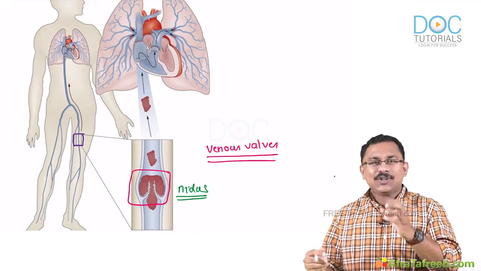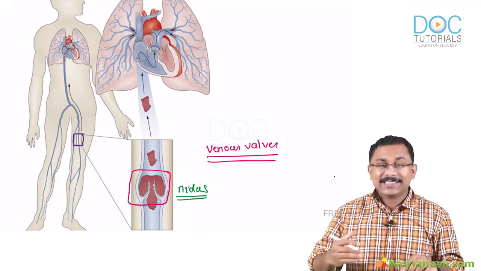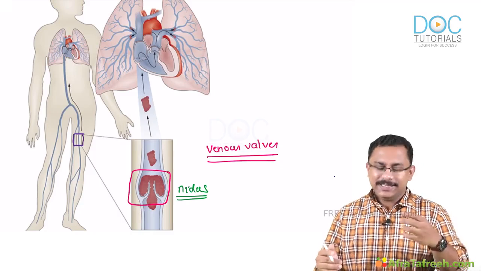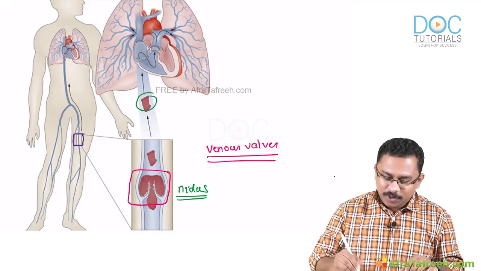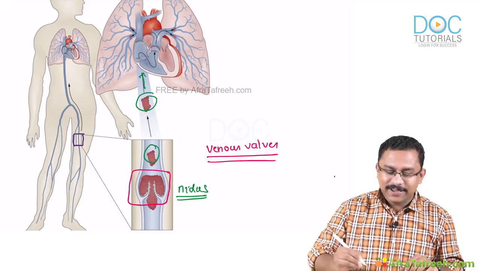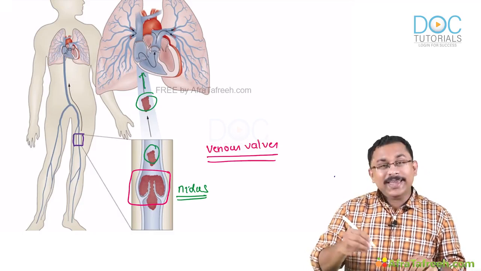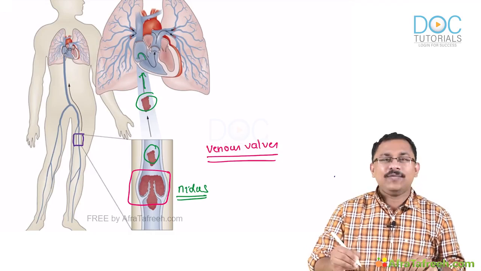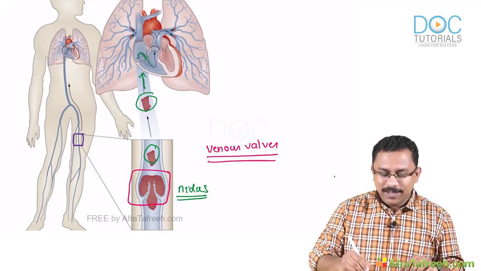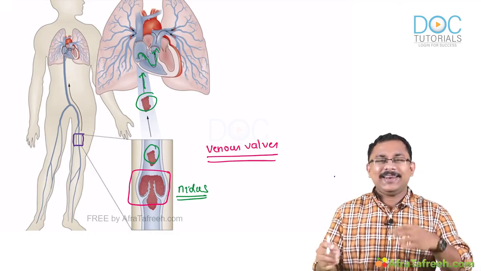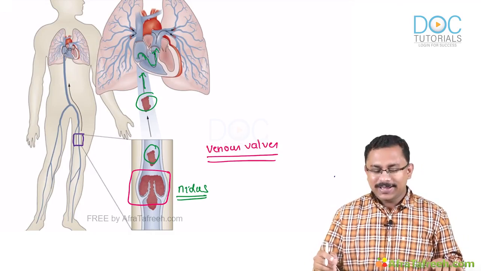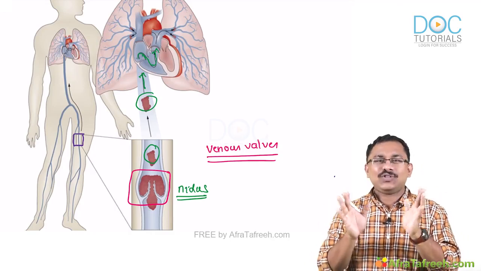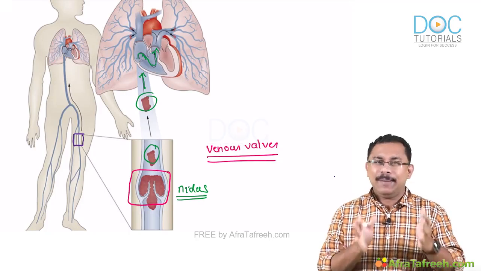Now once the thrombus forms, it gets dislodged, and the thrombus travels via the venous system through the inferior vena cava. It enters the right side of the heart, and through the pulmonary artery it enters the lungs. So that is how the pulmonary thromboembolism episode happens.